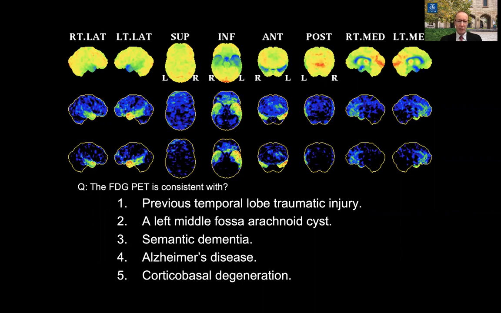The FDG PET is consistent with previous temporal lobe traumatic injury, a left middle fossa arachnoid cyst, semantic dementia, Alzheimer's disease, corticobasal degeneration. I'll give you a few seconds to think about those questions.